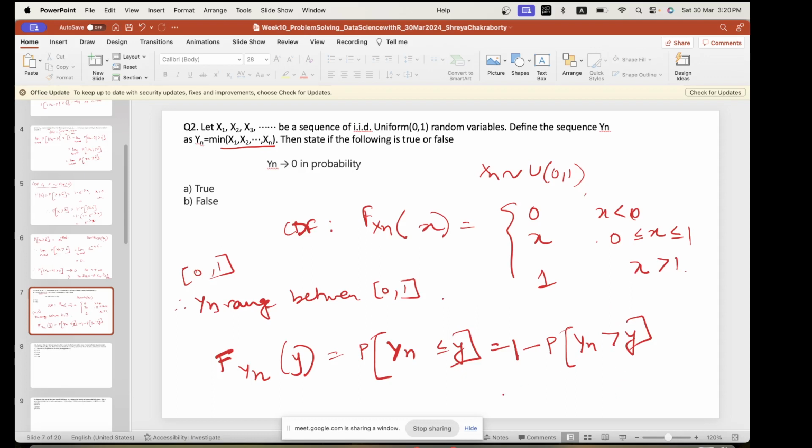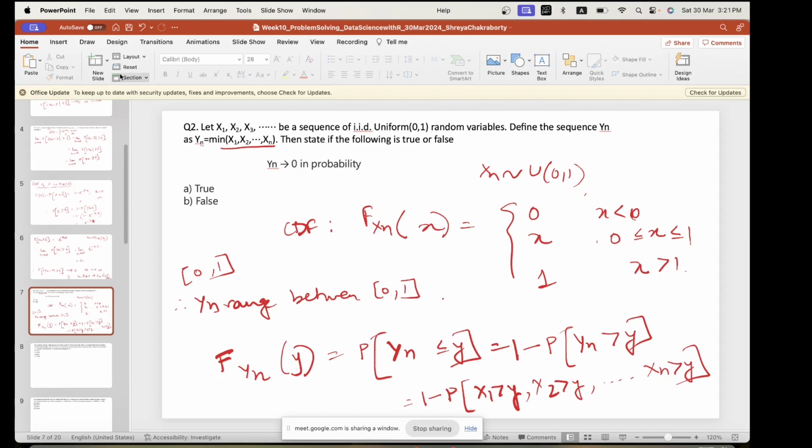So this we can write as 1 minus the probability x1 greater than y, x2 greater than y, ..., xn greater than y. Since the minimum is greater than y, all of them should be greater than y.